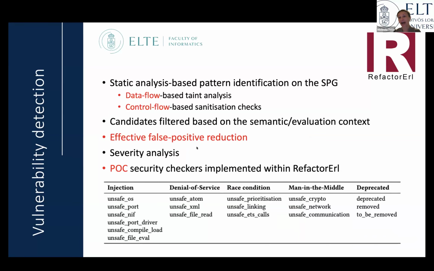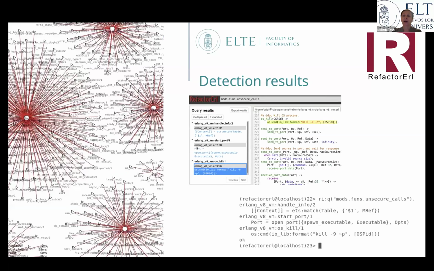What we have in the open source version of RefactorErl, that we created proof of concept implementations, is around 20 so-called checkers, security checkers that are able to identify vulnerabilities in the source code. The results can be visualized in different ways.